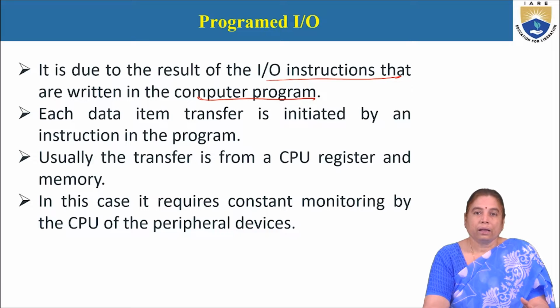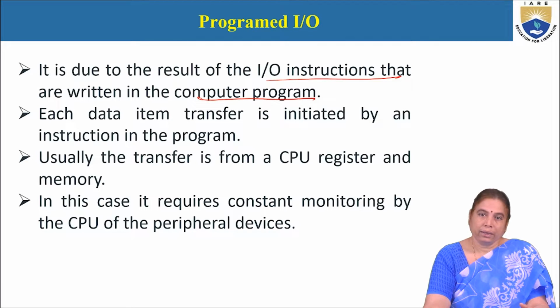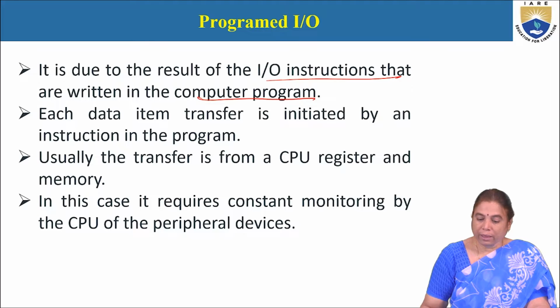Only then can the data transfer take place. So most of the CPU time is idle performing this task. To overcome this problem, the second method, interrupt initiated IO, can be used.